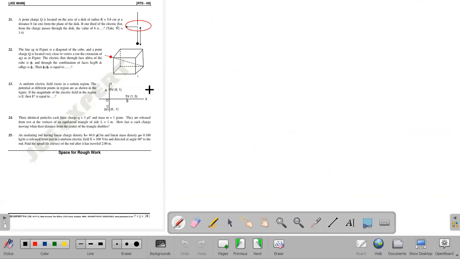For the 21st question, we all know that there is a standard result in which if there is a circular area and a point charge Q is on its axis at some z distance, and this circular area has a radius of r, then this positive charge will create an electric field around it, and not all the electric field lines will pass through the circle.